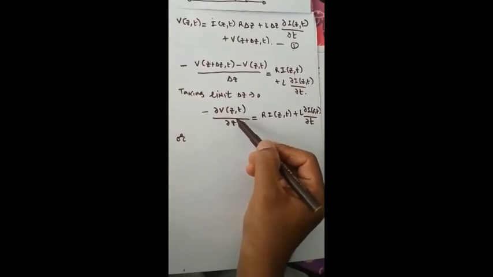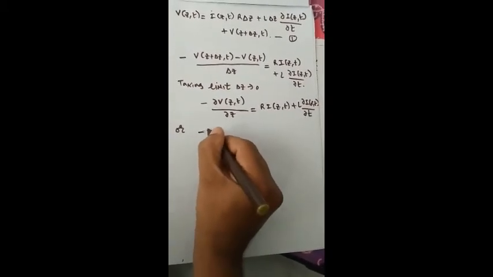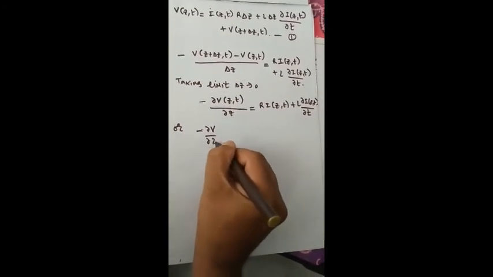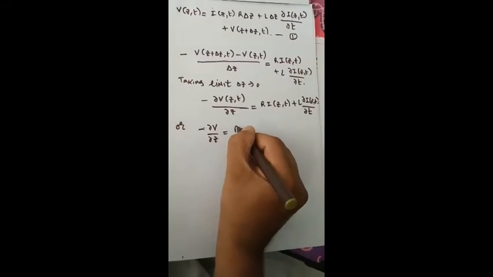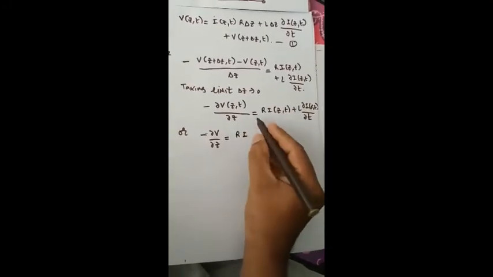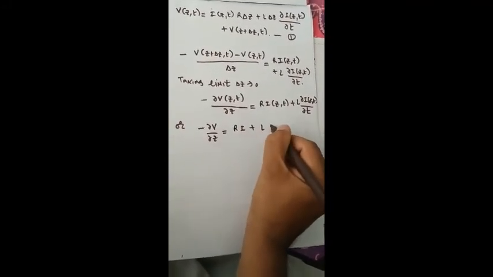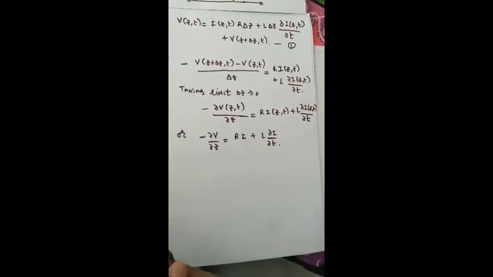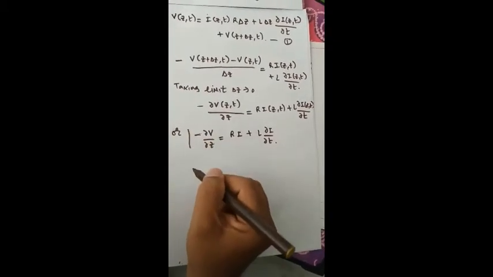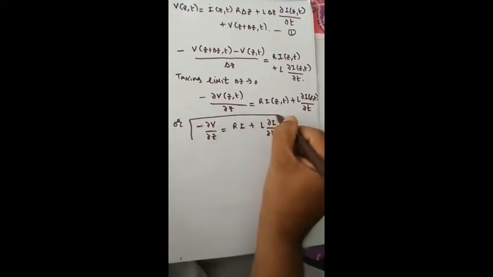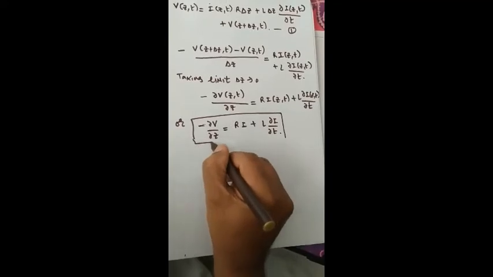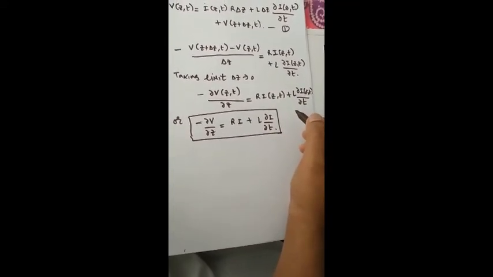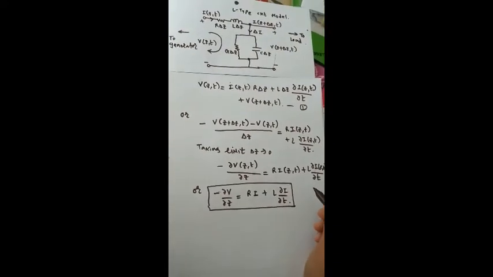So I can express it as minus del V by del Z is equal to R I plus L del I by del t. So this is one of the transmission line equations that we will use for obtaining the final transmission line equations.